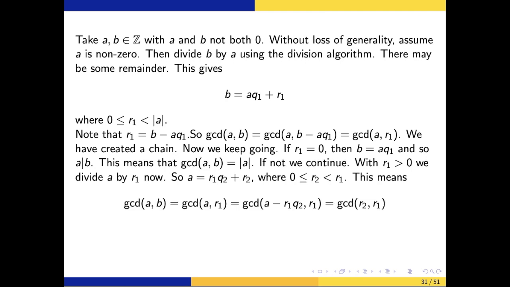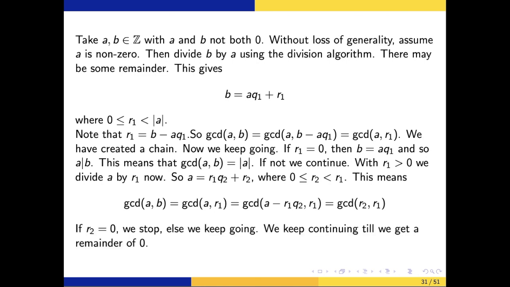This means that the GCD of A and B, which was shown to be equal to the GCD of A and R1, is now equal to the GCD of A minus R1 Q2 and R1, but A minus R1 Q2 is simply R2. So the GCD of A and B is equal to the GCD of R2 and R1. Again, if R2 is 0, we stop, otherwise we keep going, and we keep continuing till we get a remainder of 0.